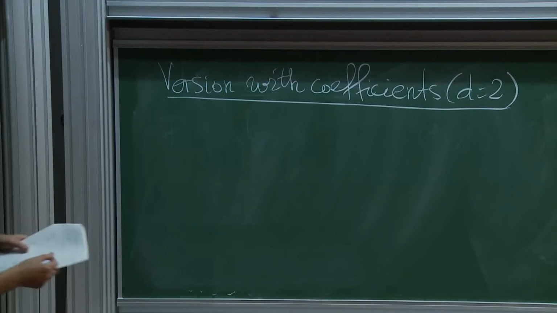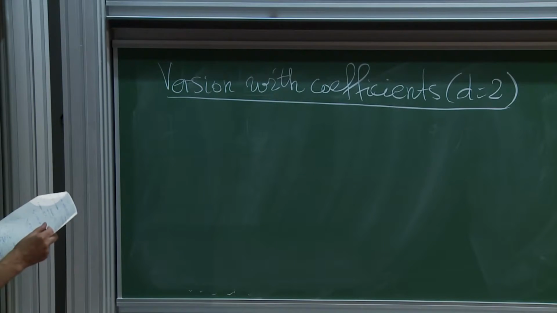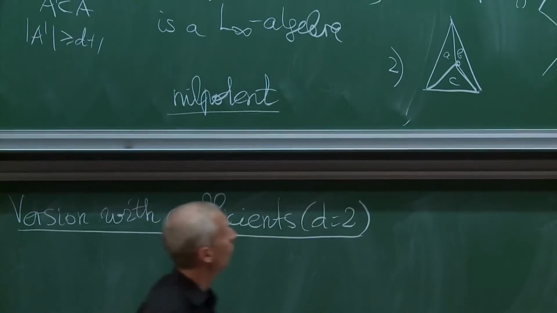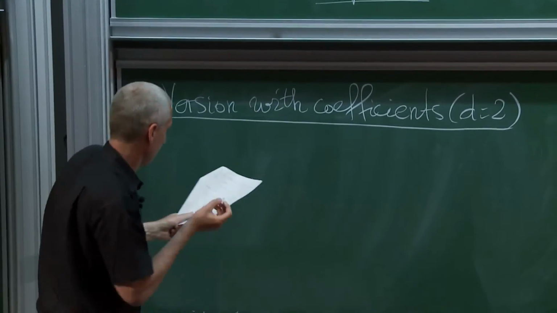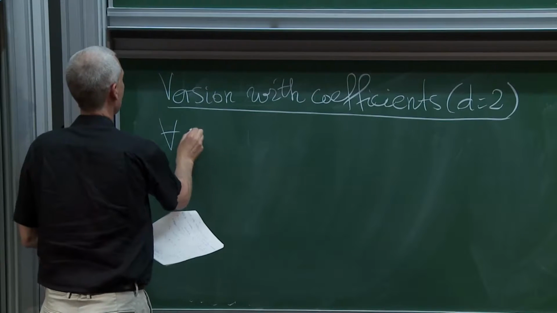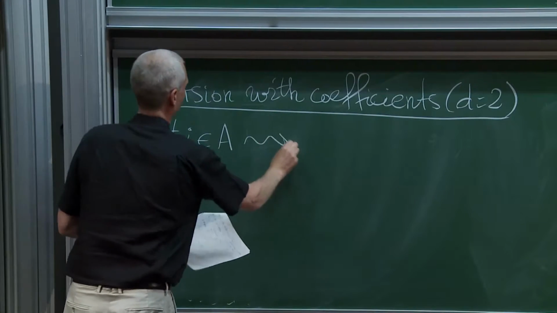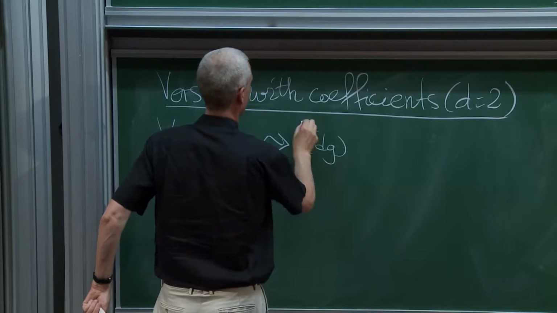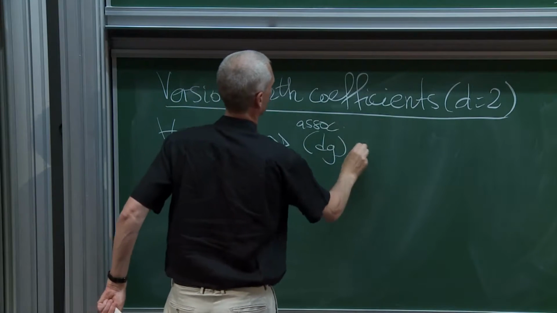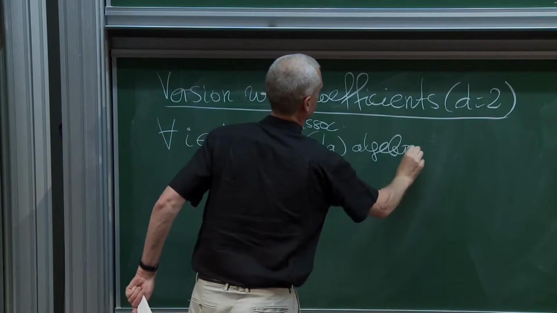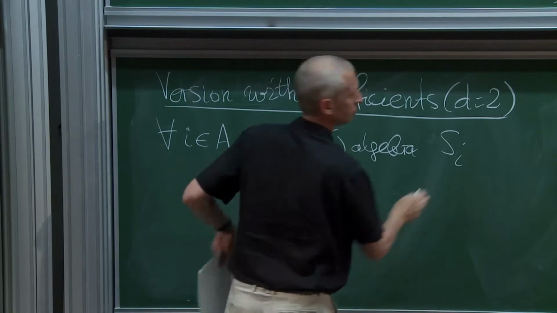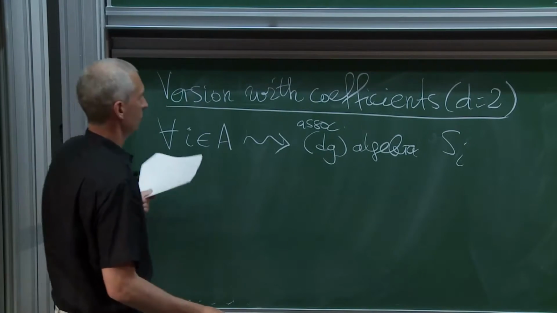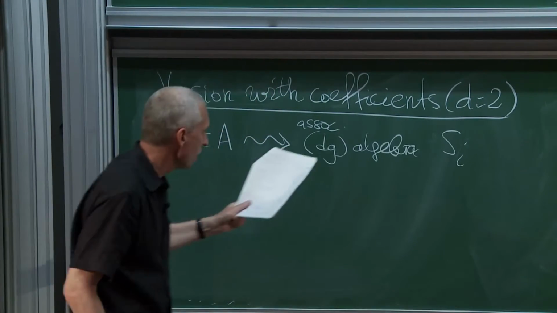So a good setting would be like this: for every point I of our configuration, there will be a DG algebra, a differential graded associative algebra. Let's call it S_I. So for instance, just a base field is okay.